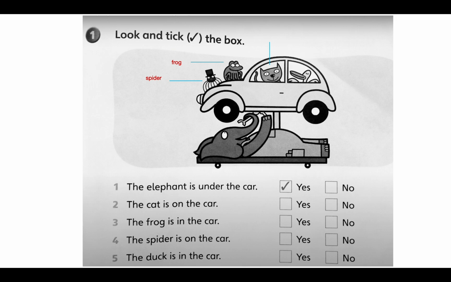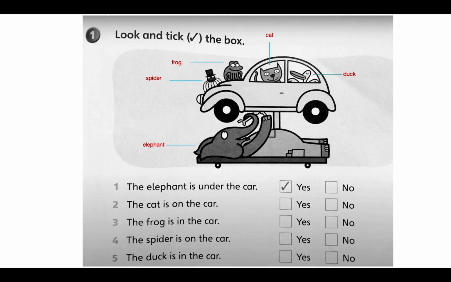Yes, it is a cat, kucing. How about this? Fantastic. It is a duck, itik. And the last one is, it has big ears. Correct. It is an elephant.